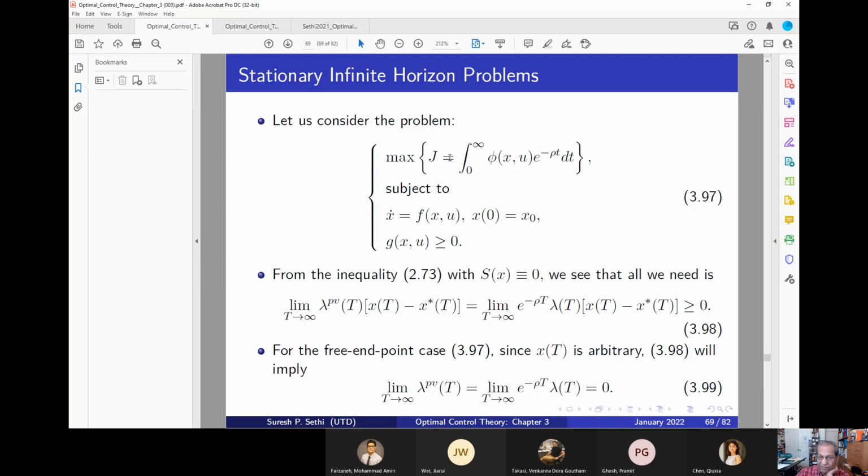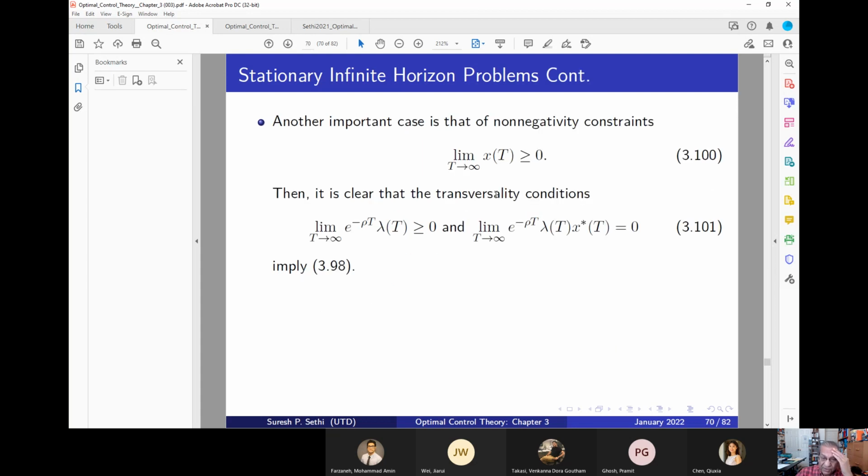So it can come out. If it can come out, the integral of this side is then 1 divided by rho. And so I have 1 by rho times phi(x, u). And so phi(x, u) can be optimized without the integral. And that will optimize the integral as well, right?